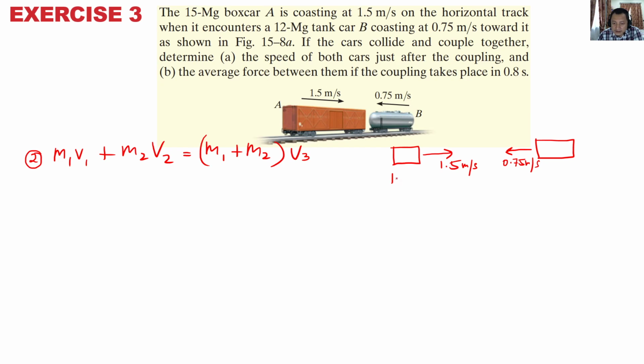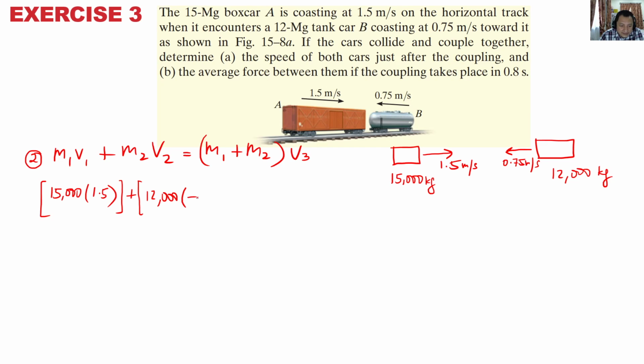This is 15,000, this is 12,000 kilograms. So m1, 15, velocity 1.5, plus m2, 12,000, velocity negative 0.75.